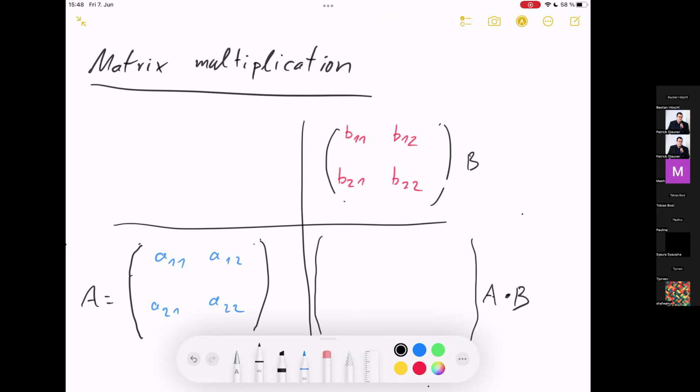For this first element here, in order to calculate it, we multiply A11 times B11, and we add the product of A12 and B21.